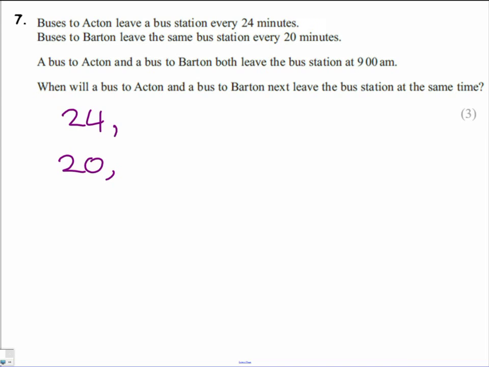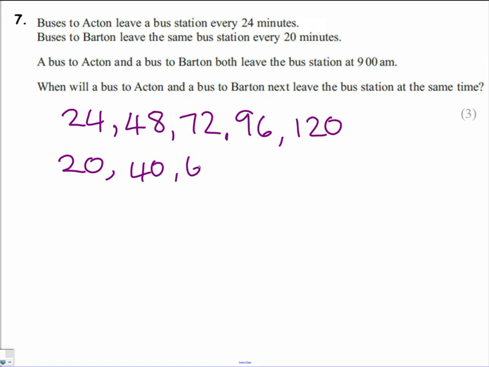So let's do our multiples of 24. 24, 48, 72, 96, and 120. With 20, we have 20, 40, 60, 80, 100, and 120.